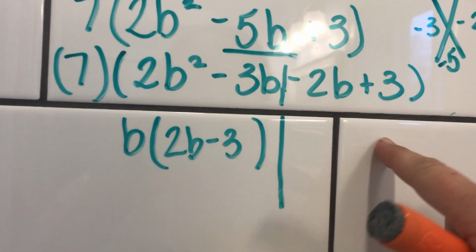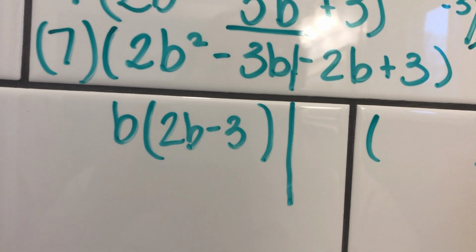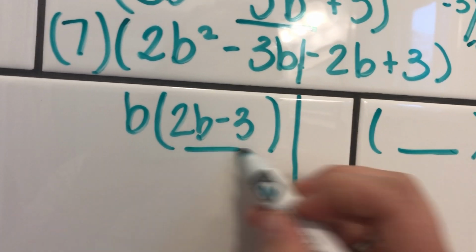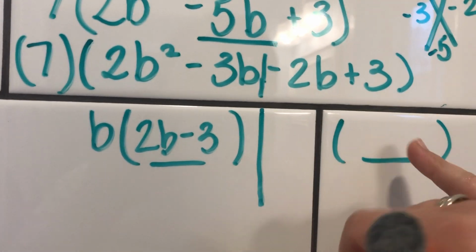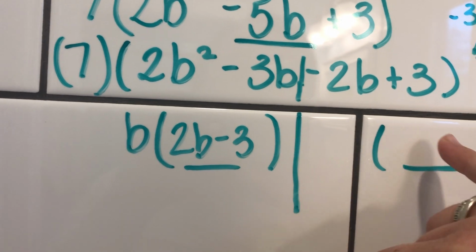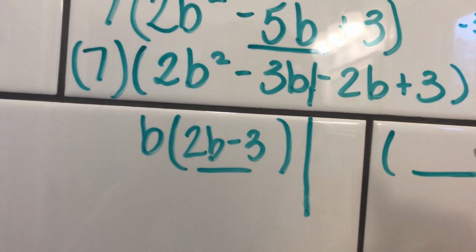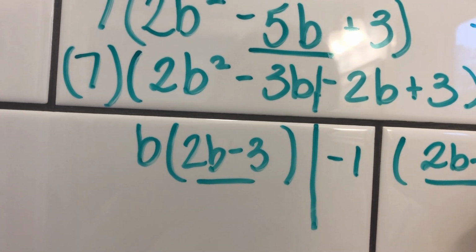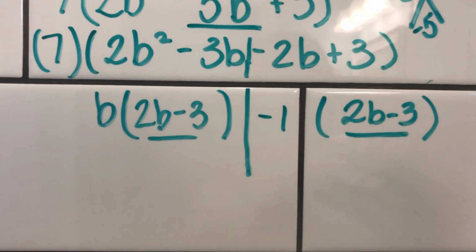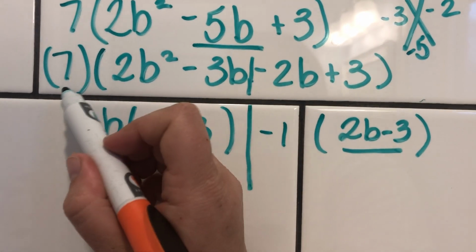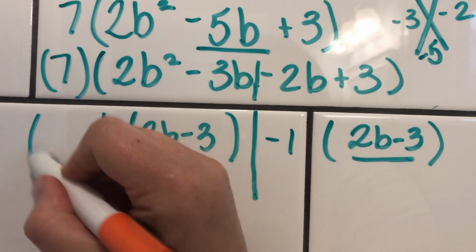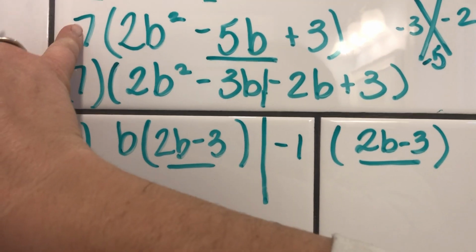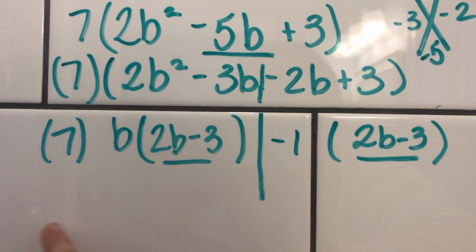And I need to make this match, as you guys can remember from last week, I need these two to match. So in order to make my front term positive and my second term negative, I'm going to need to pull out a negative 1. And now I'm left with 2b minus 3 in my binomial. I also don't want to forget about the 7. Sometimes kids like to write it every step of the way. Sometimes kids like to leave it up here and pop it back in at the end.